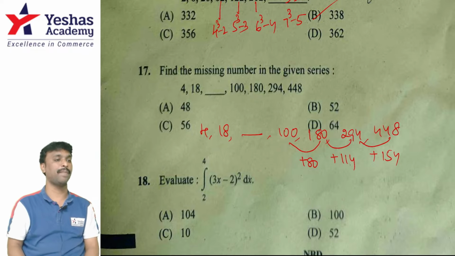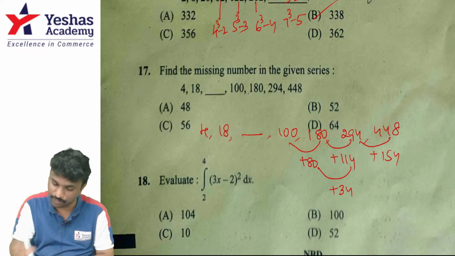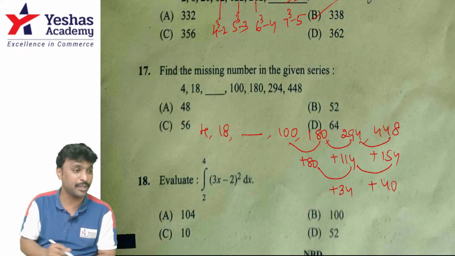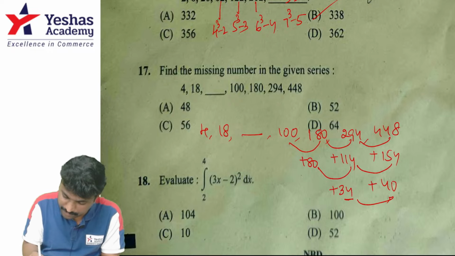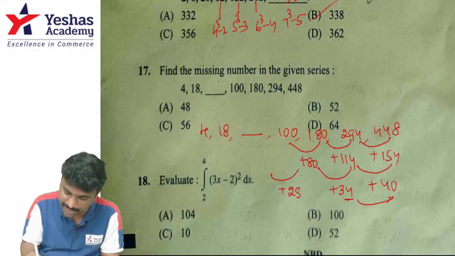Now, have you got the pattern? No. So what you have to do? 80 plus what is 114? It is 80 plus 34. 114 plus what is 154? It is 40. As you can see, the difference has increased by 6. So the previous difference should be 6 less than 34, which is 28.